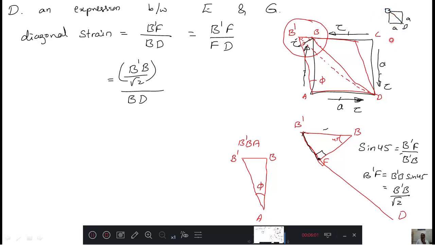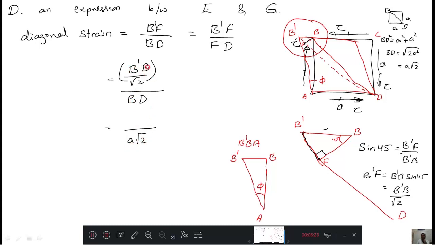By the Pythagoras theorem, A square plus A square is equal to BD square. Then BD equals the square root of 2A square, therefore BD is A root 2.